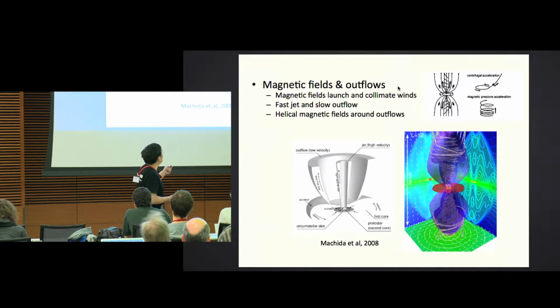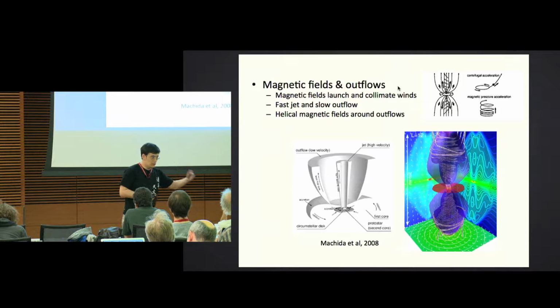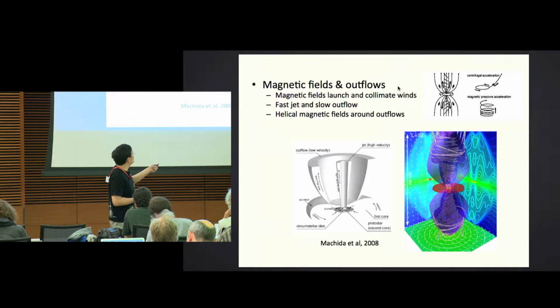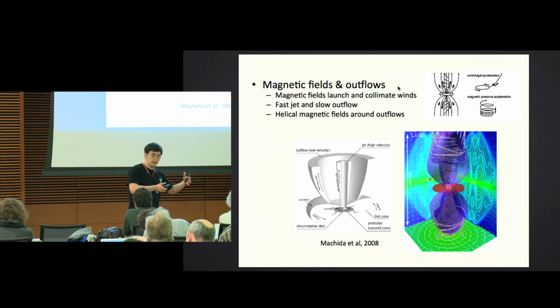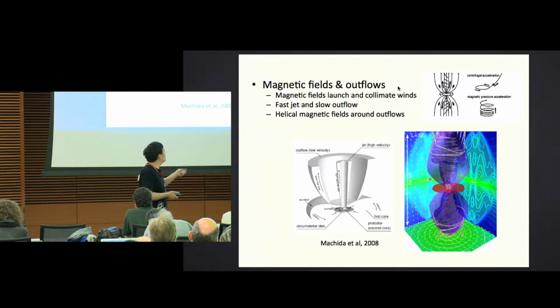Once this hourglass structure reaches a critical angle of 60 degrees with respect to the disk plane, the material on the disk will be launched along the magnetic field line, and the hoop stress of the toroidal field will align this flying material into a collimated outflow.